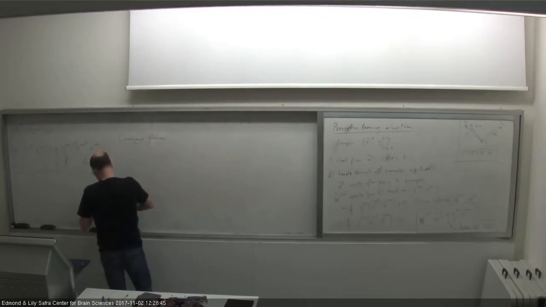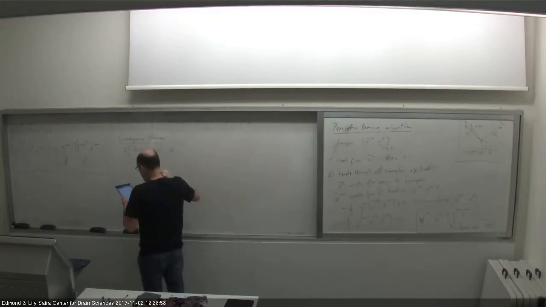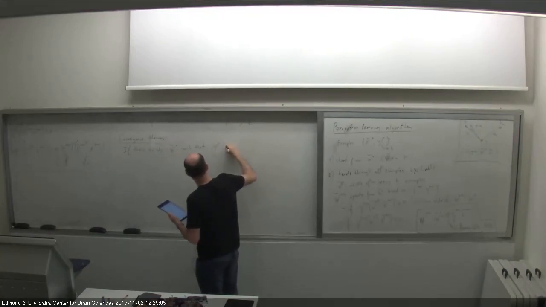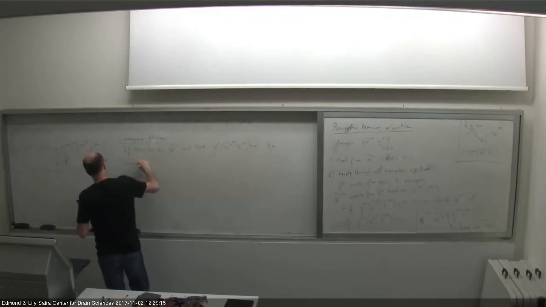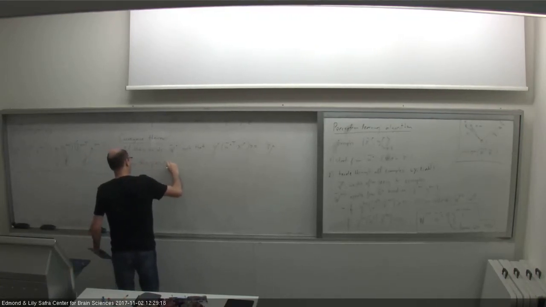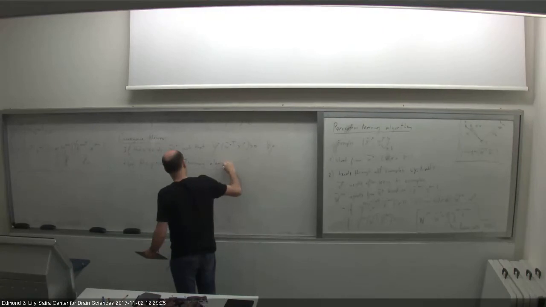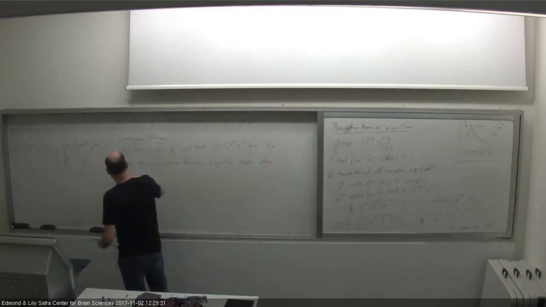The convergence theorem tells us that if there exists a W0 such that Y mu W0 transpose X mu is larger than 0 for all mu, then the perceptron learning algorithm stops after a finite number of steps.